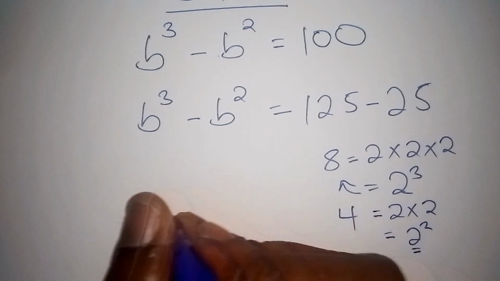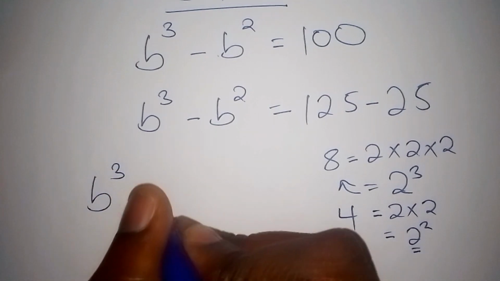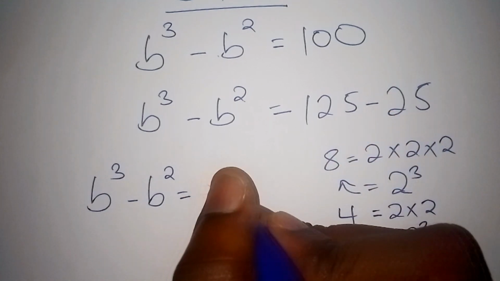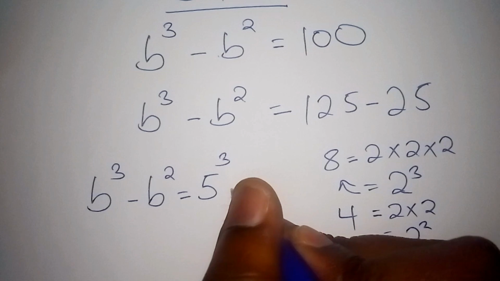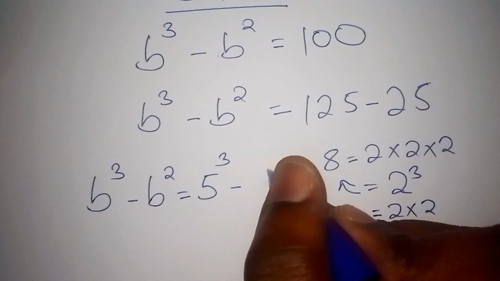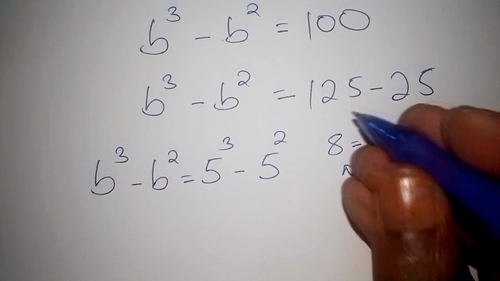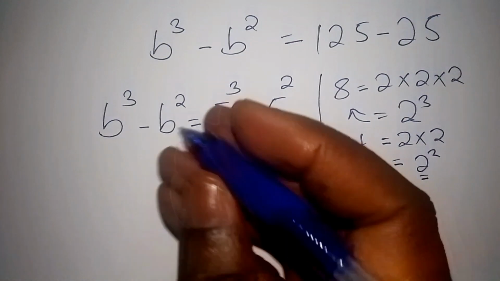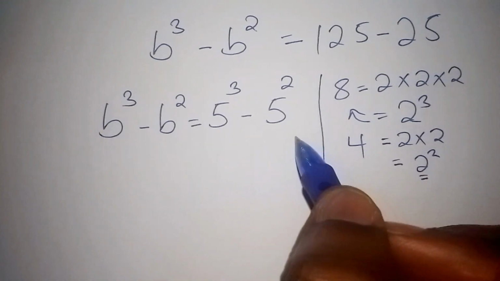So in this case, b cubed minus b squared, we shall remain with 5 to the power of 3, and then 25 we shall write as 5 to the power of 2. We can now rewrite this maths problem, having the cubes on one side and the squares on the other side.